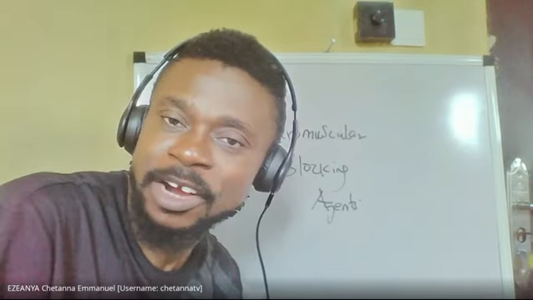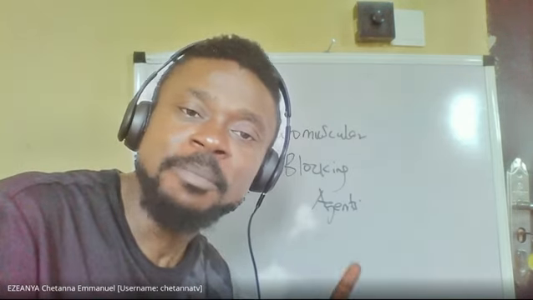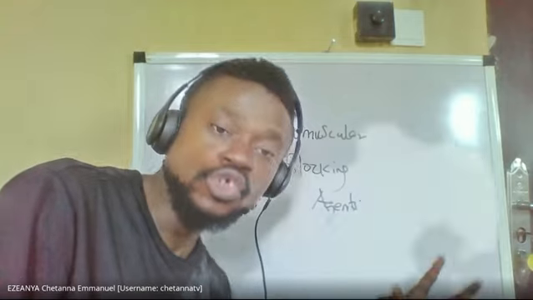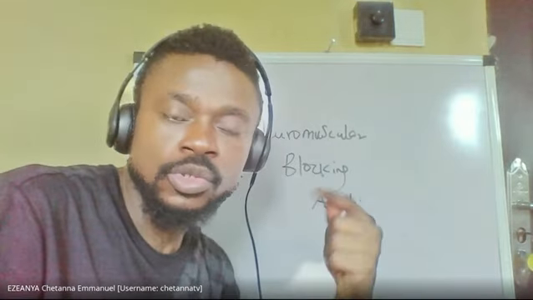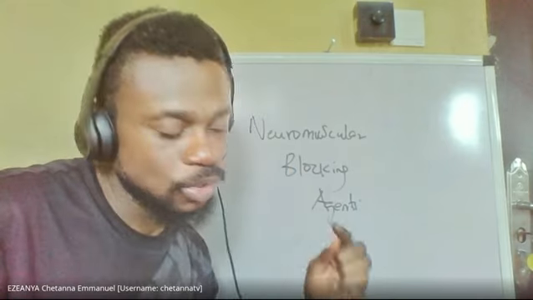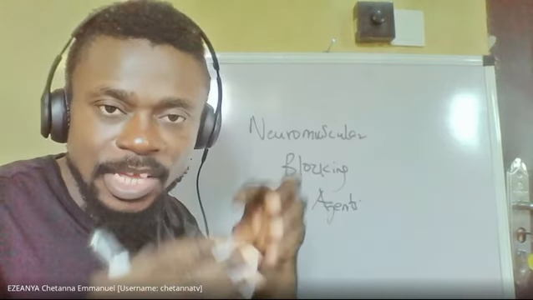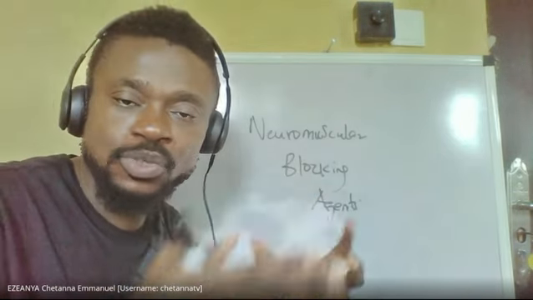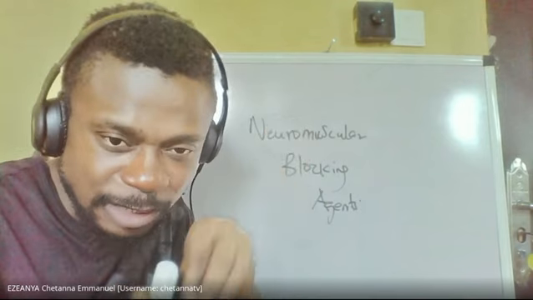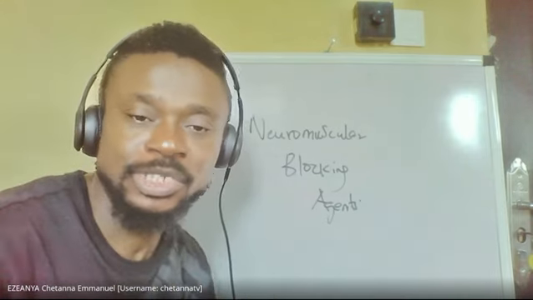They cannot move. So transmission of impulse from the nerve, neuro, to the muscle, muscular. The junction where the nerves and the muscle meet is what we call the neuromuscular junction. There's transmission of impulse at this point. That impulse helps in the contraction.